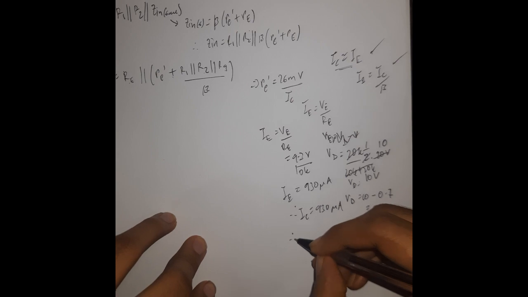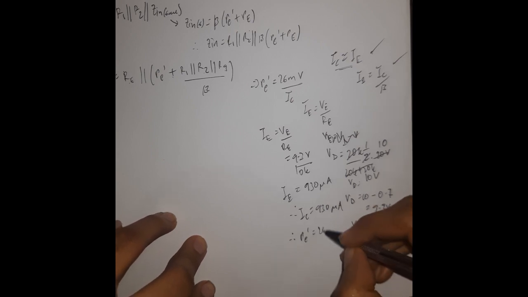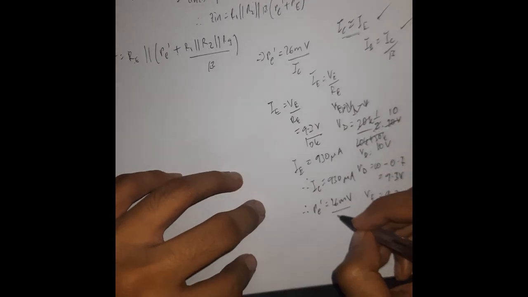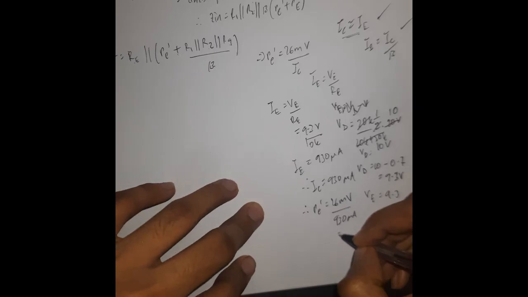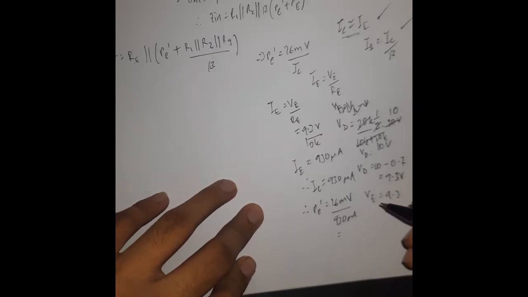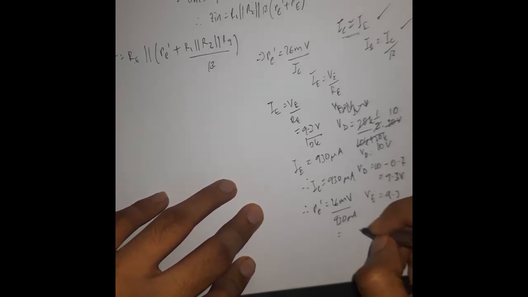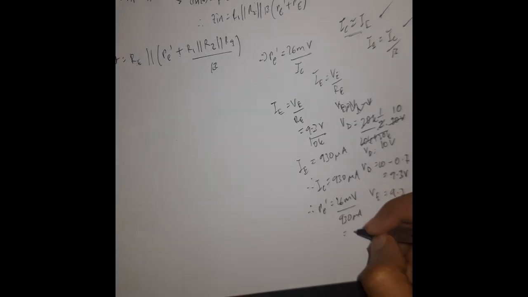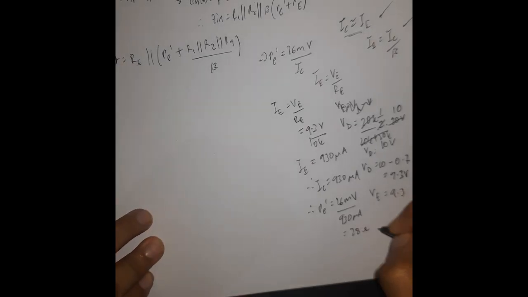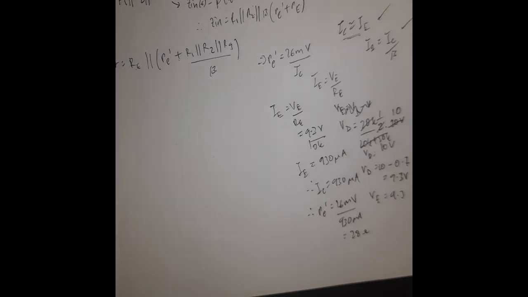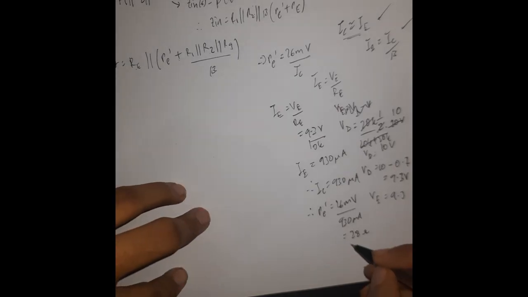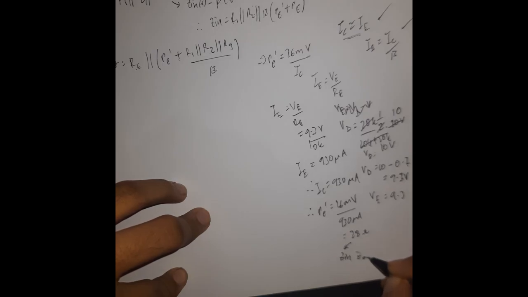So now we can find re prime, which is equal to 26 millivolt divided by 930 microamperes, which is 28 ohms. By finding this parameter, now we can approach Z in, Z out and the voltage gain.